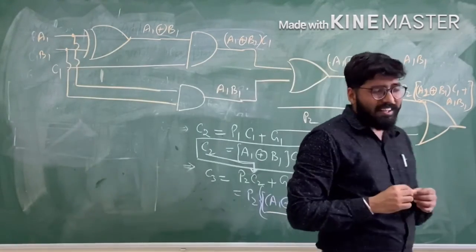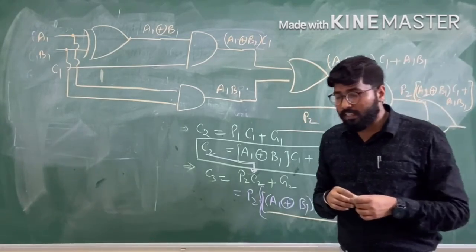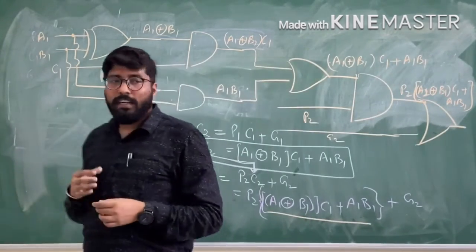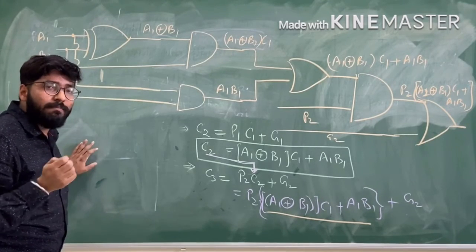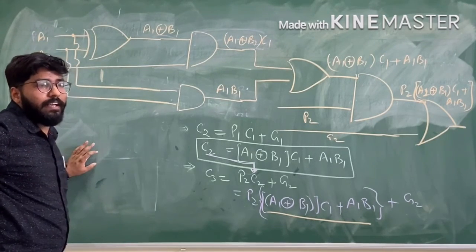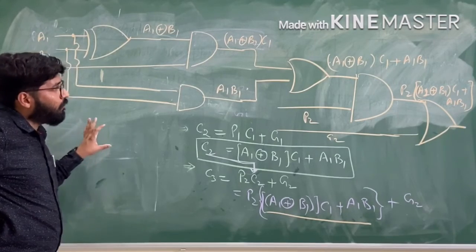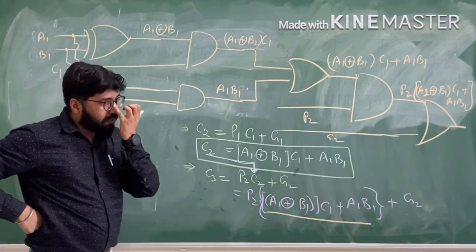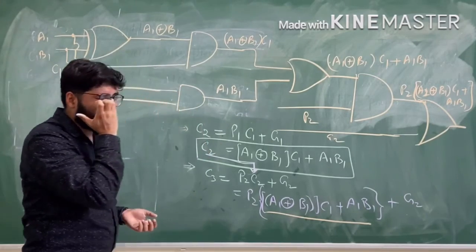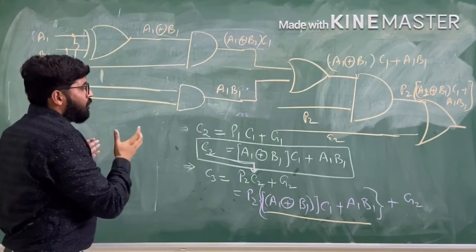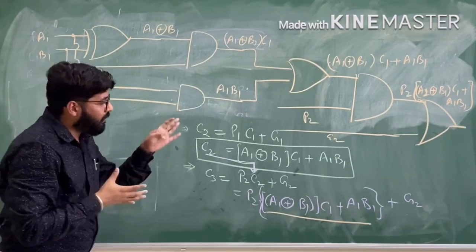Now you can see that n number of AND gates, n number of OR gates, and n number of XOR gates are required. So this makes a complexity here. If you want to reduce the time delay, you have to increase the complexity of the combinational circuit, and it is much more difficult to design this circuit.